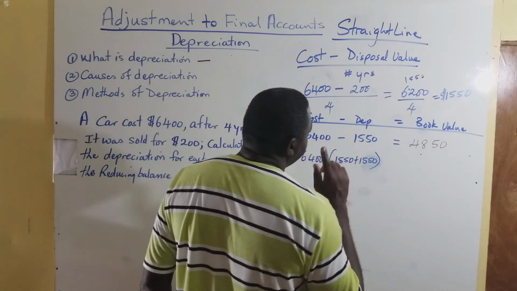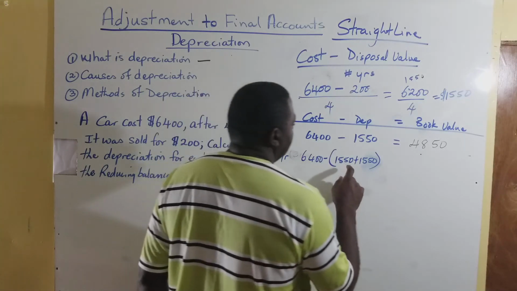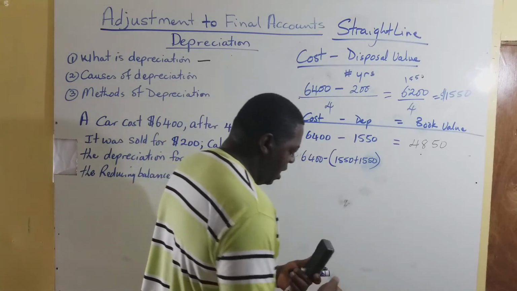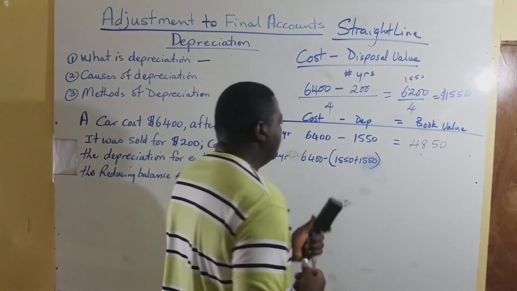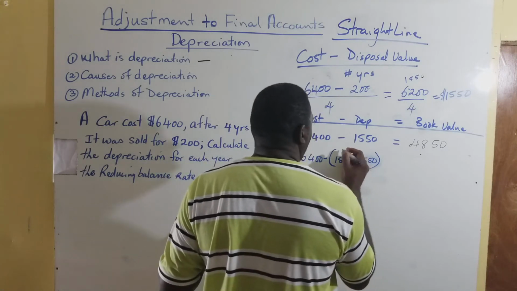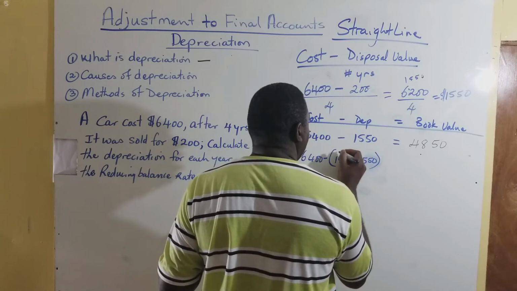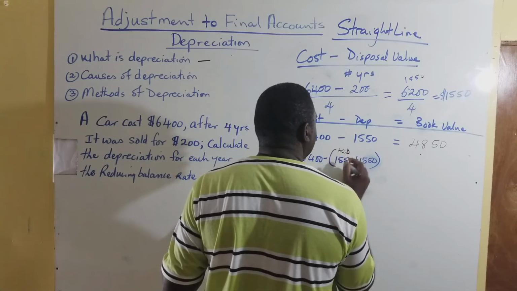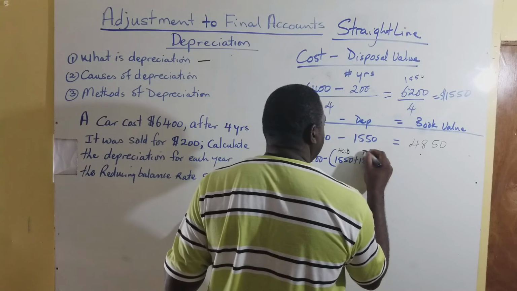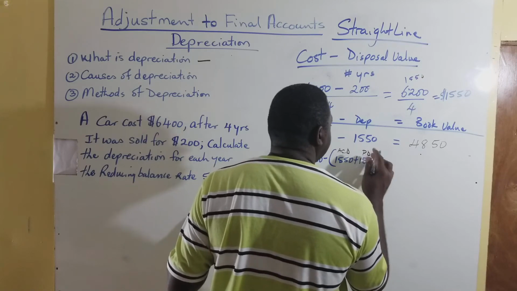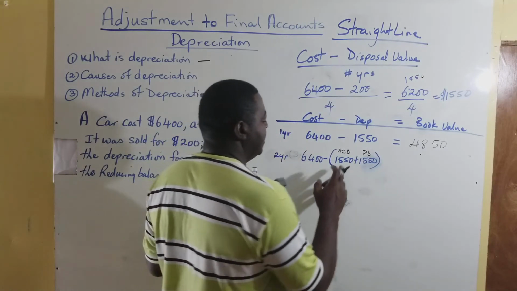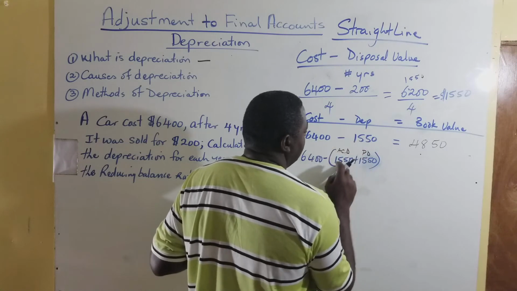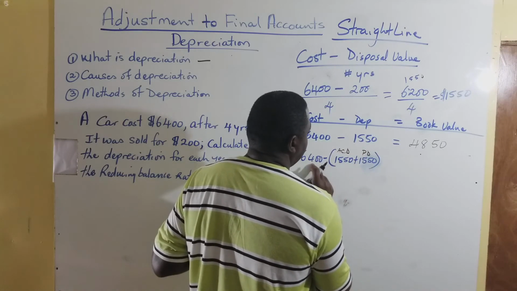But with the straight line method, we now are going to introduce some concepts here. This is what we refer to as the accumulated depreciation, ACD, and PD, present depreciation. This is this figure. So we add these two, subtract it from that.